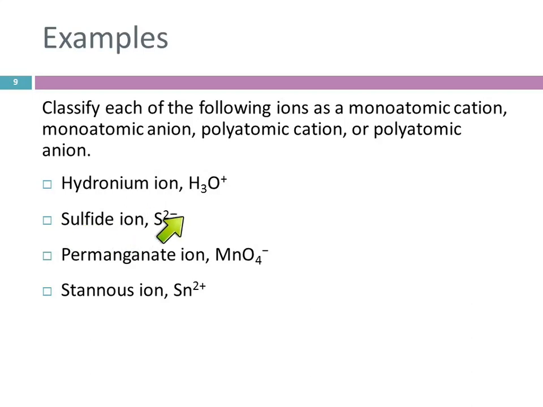Sulfide, S2-. Monatomic anion, right? So I lost this one. This was a polyatomic cation. Monatomic anion. How about permanganate ion, MnO4-. Polyatomic anion. And Sn2+? Yep, monoatomic cation. So that's not too hard, is it?